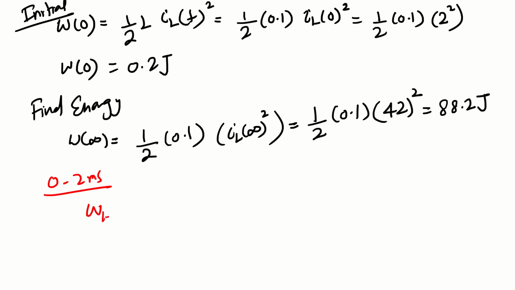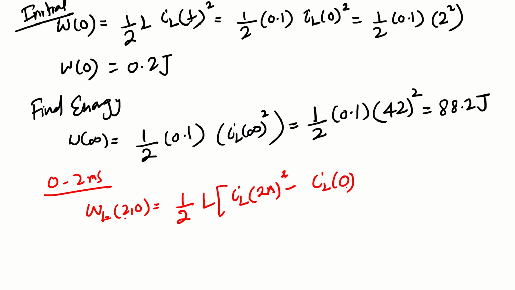The energy stored between 0 to 2 millisecond will be half of L, current at T2, what is T2 here? 2 millisecond, squared, minus current at T1, what is that? 0, squared. So we just need to plug in the numbers. Half of L, 0.1, current at 2 millisecond.